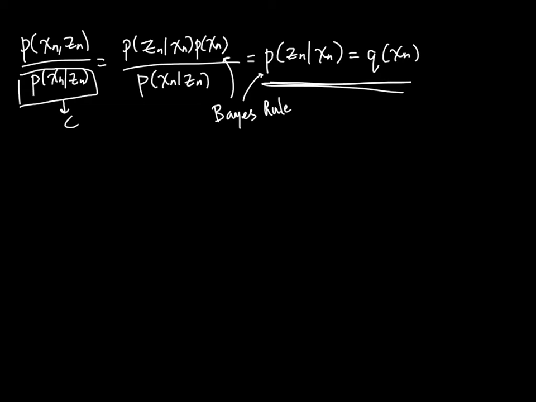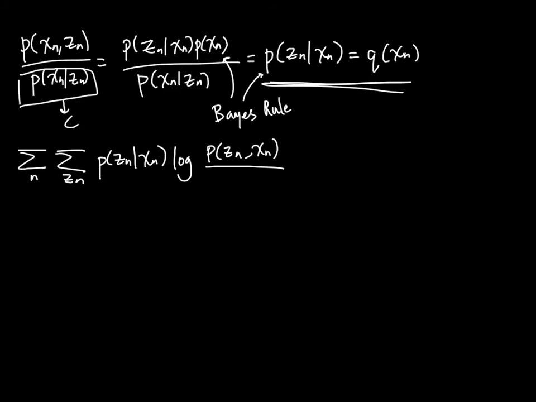Then to rewrite everything, we have the summation over n, the summation over zn, of the probability of zn given xn times the log of the probability of zn and xn over the probability of zn given xn.